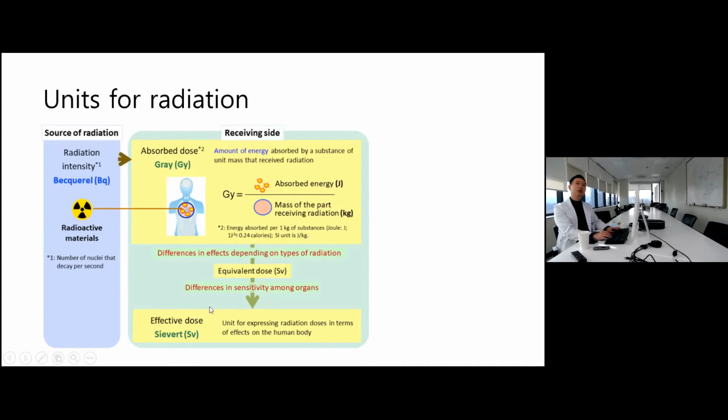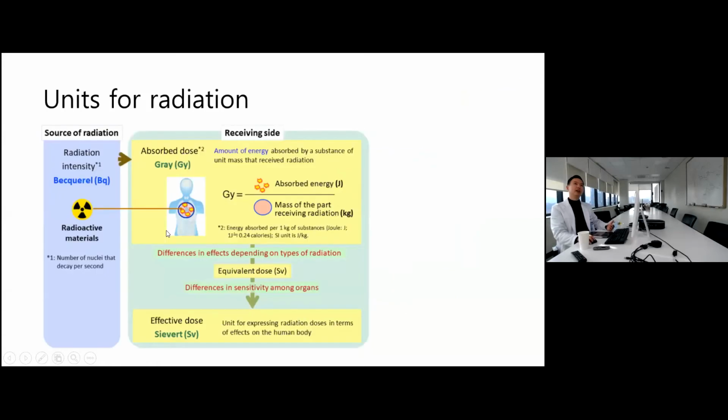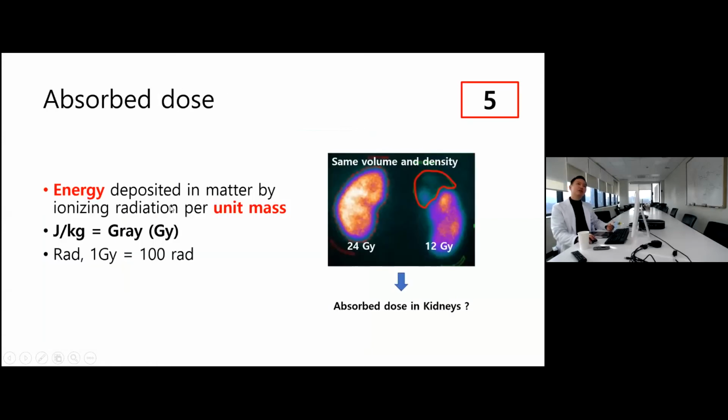We will see what each component means. Firstly, the Becquerel: it is the number of nuclei that decay per second. And the absorbed dose is the energy deposited in matter by ionizing radiation per unit mass.